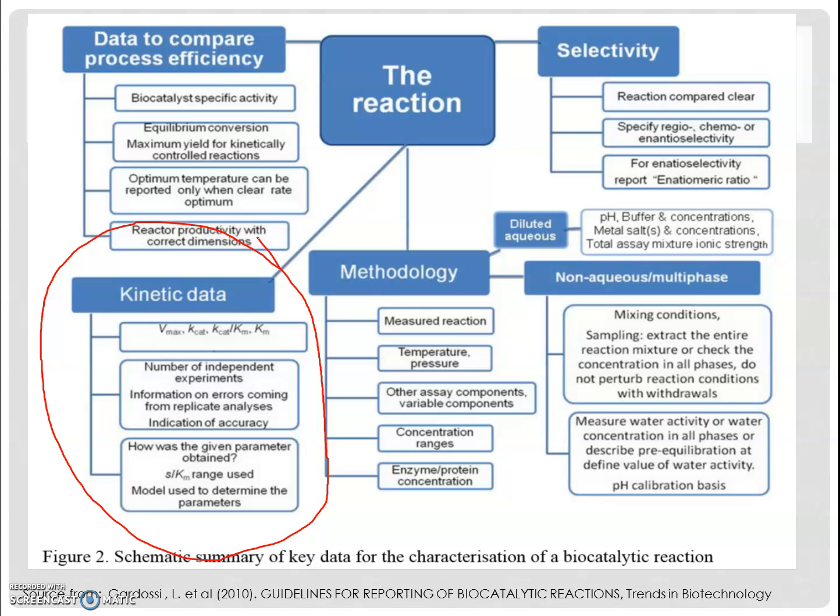The catalytic constant, and the Km value, the Michaelis-Menten constant value. And also, for the inhibition study, there is another constant there. It is called the inhibition constant, represented by Ki.